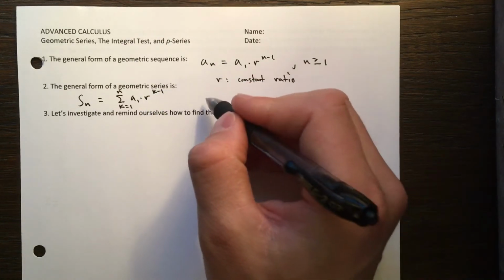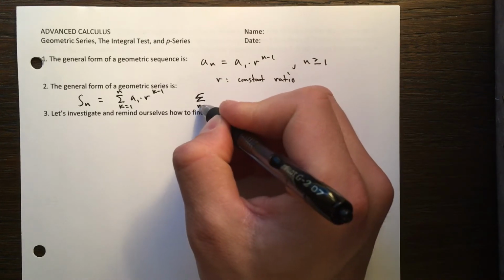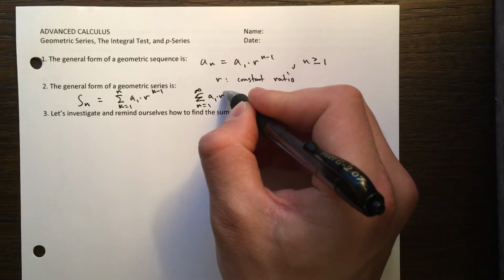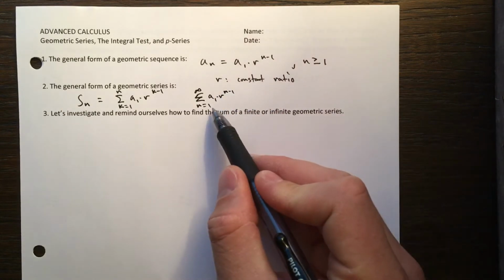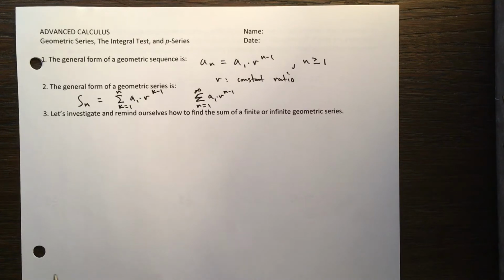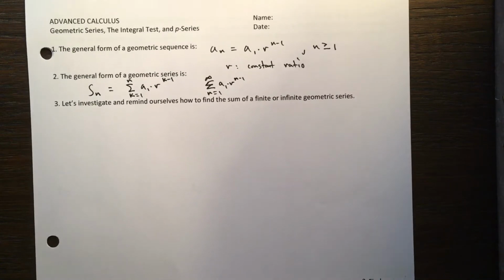And we could also have an infinite series that goes from, say, n equals 1 to infinity of a sub 1 times r to the n minus 1. So this is maybe the most likely scenario, that we're curious whether this thing converges. So let's investigate and remind ourselves how to find the sum of a finite or infinite geometric series.